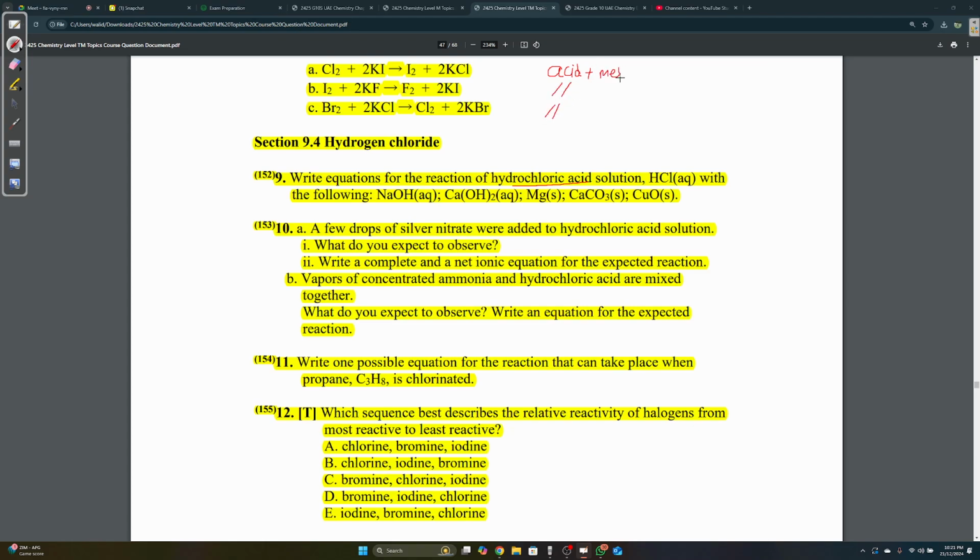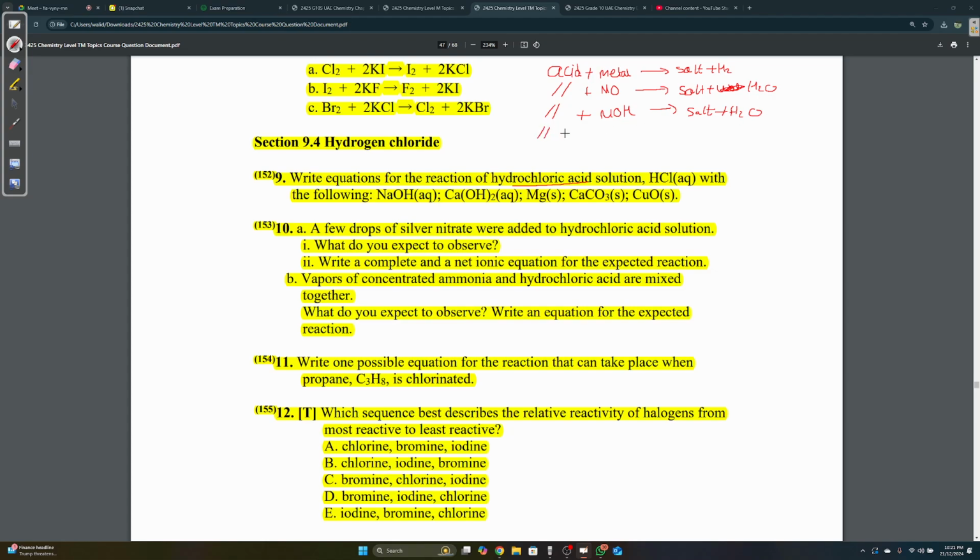First, acid plus metal gets you salt plus hydrogen gas. This is from salt preparation. Acid plus metal oxide gets you salt plus water, H2O. Acid plus metal hydroxide gets you also salt plus water.